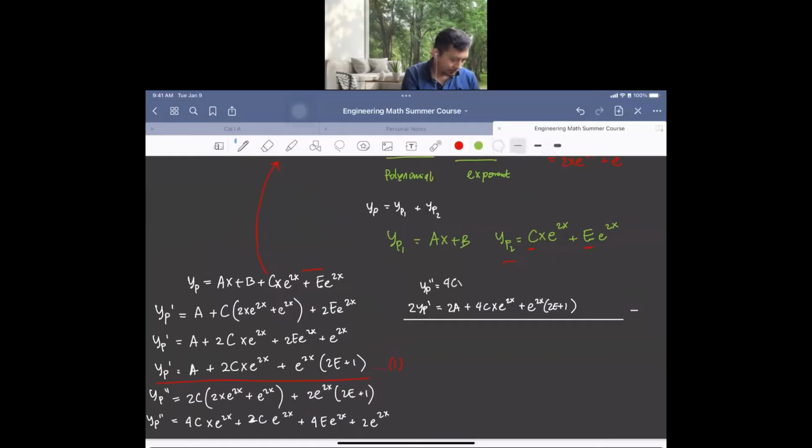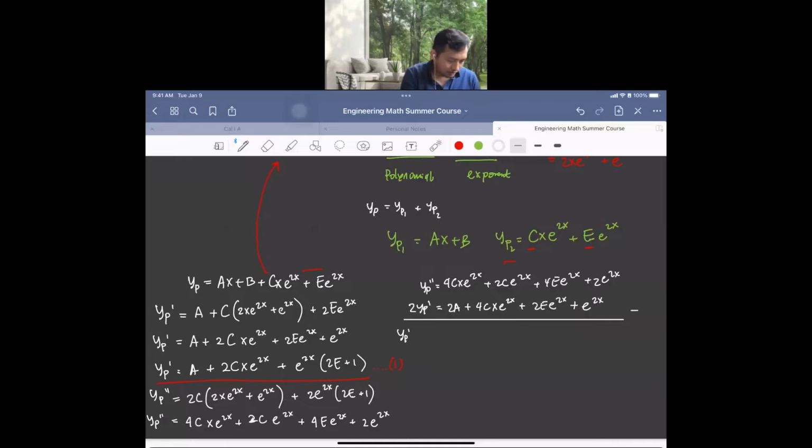So 4cx e to the 2x plus 2c e to the 2x plus 4e e to the 2x plus 2e to the 2x, and this is also similar, so 2e e to the 2x plus e to the 2x. Okay, we try one by one.